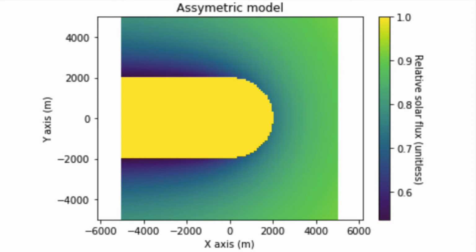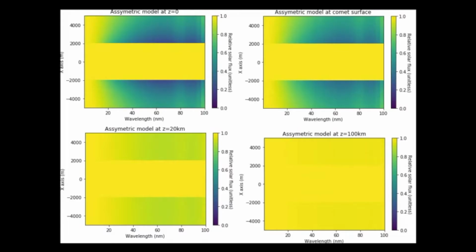However, we do not have to stay restricted to the given wavelength, and we can put the wavelength on the x-axis and the x-dimension on the y-axis, and then plot different profiles for different distances from the nucleus.